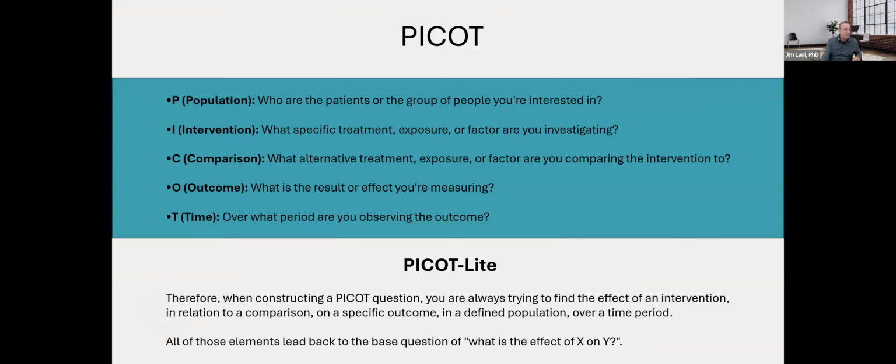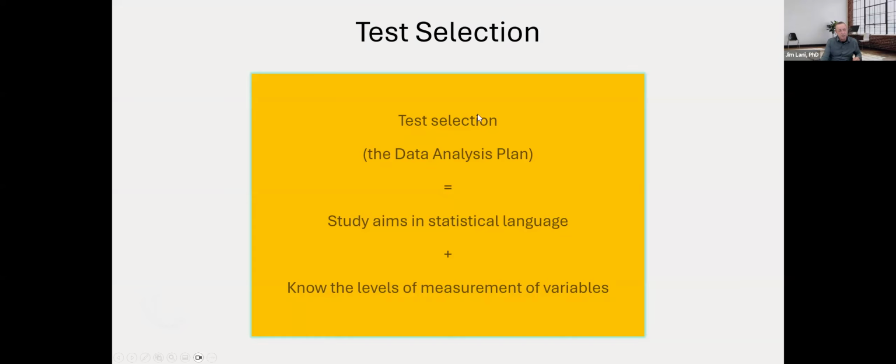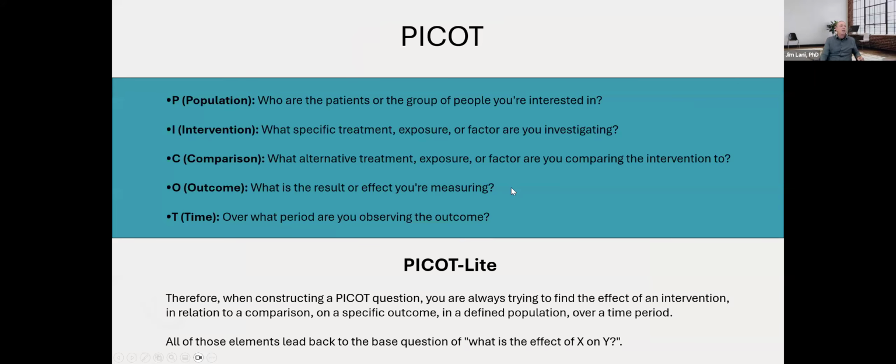So let's talk about statistical language for a second. Everyone's required, it seems like in DNPs, to have a PICO question. What's the population? What's the comparison? What's the intervention? That's all fine. I like to think about things in terms of PICO light. What does that mean?